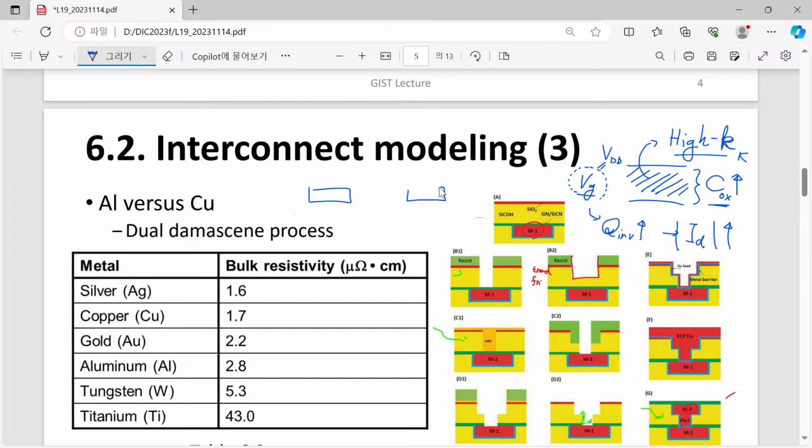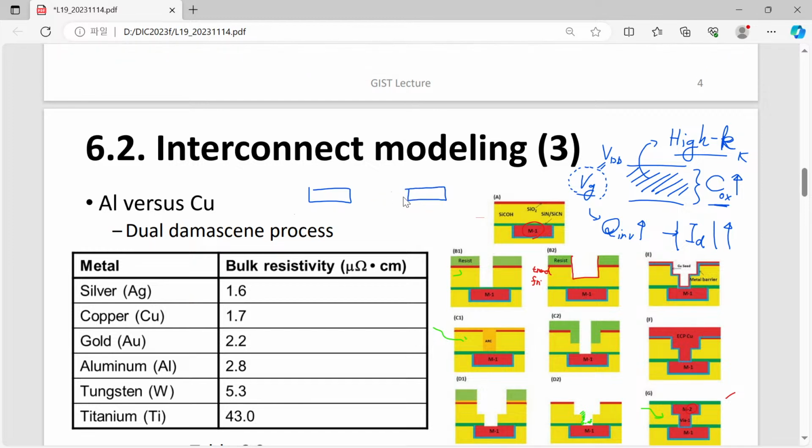If we wanted to reduce the capacitance between these two metal lines, then our choice should be low kappa or low K material, which has lower relative permittivity, so to reduce the capacitance coupling.